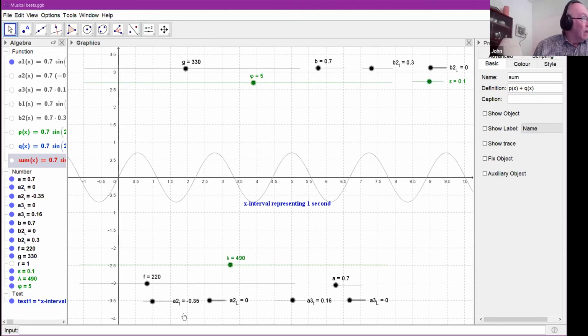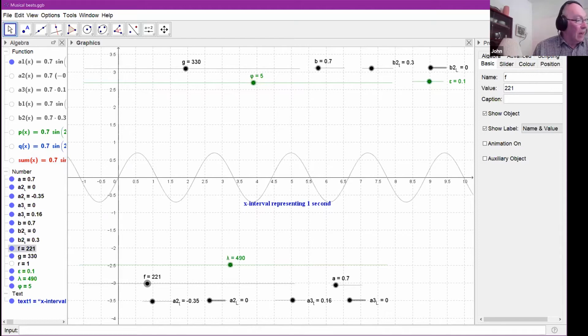Imagine this is, well, I've actually set it at 220, which is A below middle C. But it doesn't really matter.